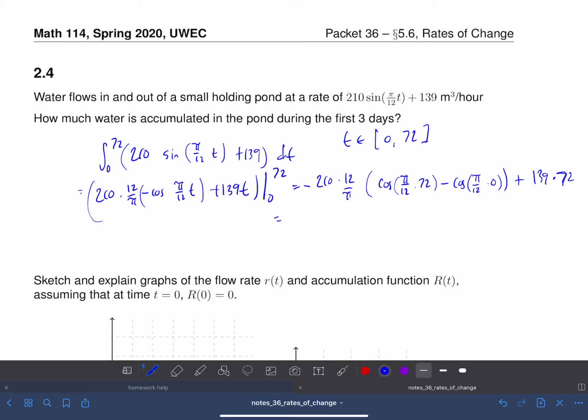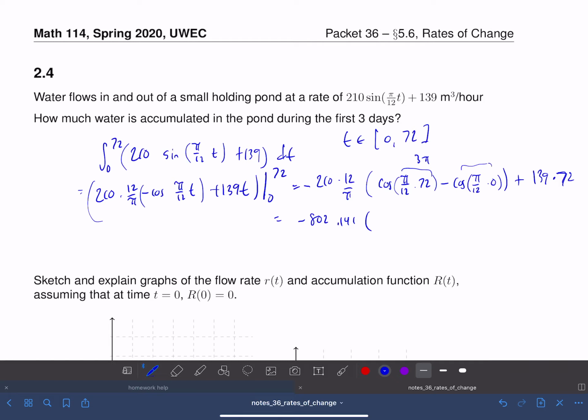So this is 210, totally relying on my calculator. 210 times 12 divided by pi. Now I've got to do this. This is 3 times pi.